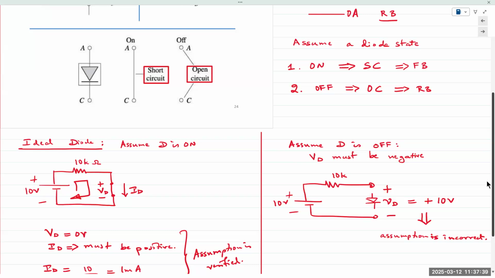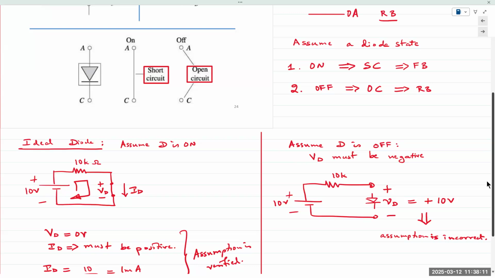We treat it as off, whether it's the ideal diode or constant voltage drop model. The anode must be higher than the cathode. If it's an ideal diode, we ignore the voltage drop, but it still must be higher. It could be higher by 1 volt, 0.1 volts, or 0.00001 volt, but the anode must be higher. If both are at the same potential, the potential difference is 0, meaning there is no bias, a depletion region exists, so we treat it as off.